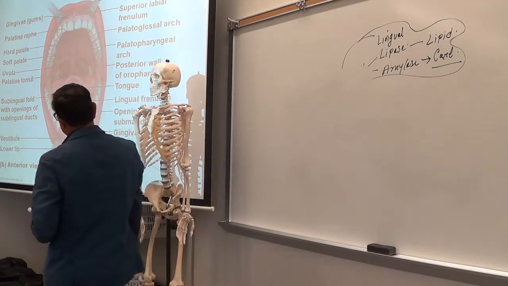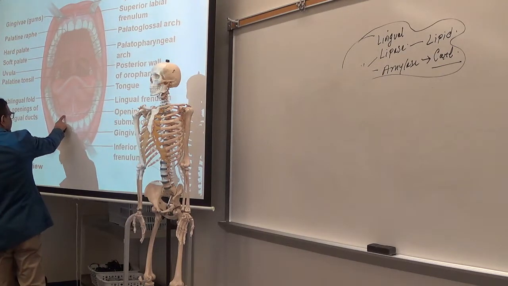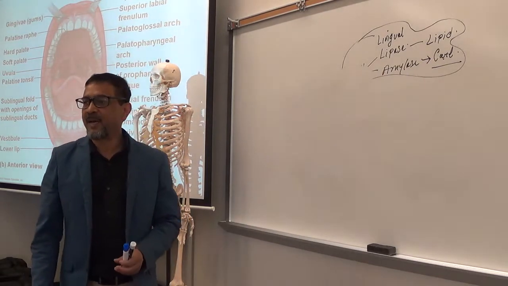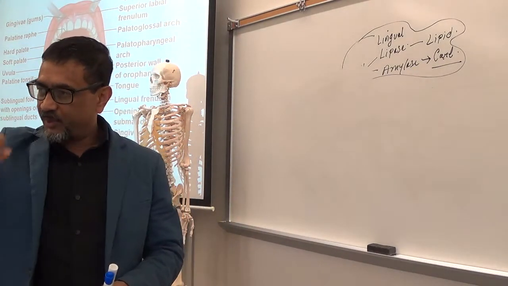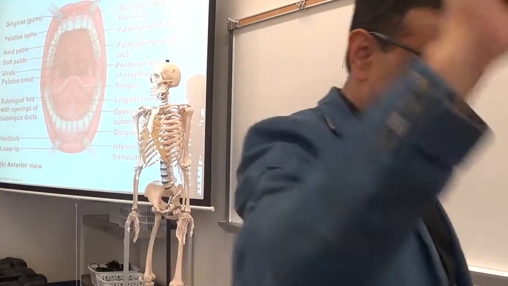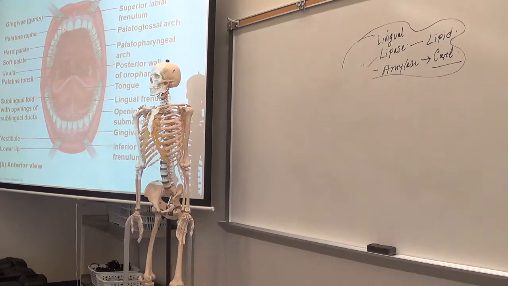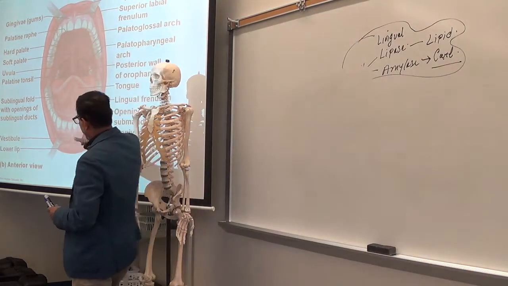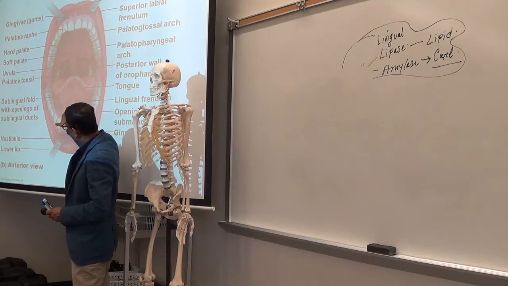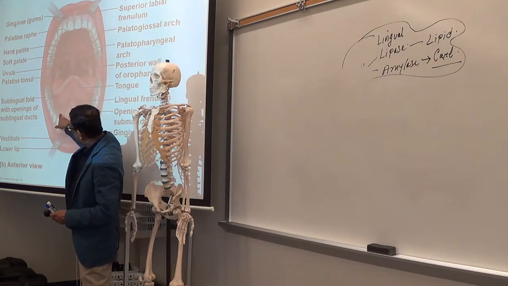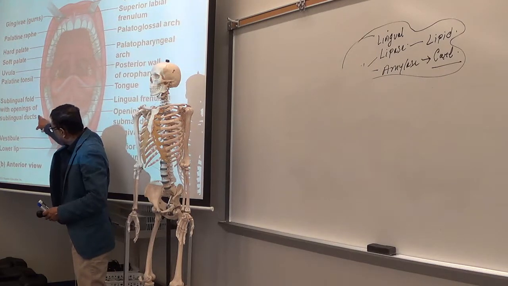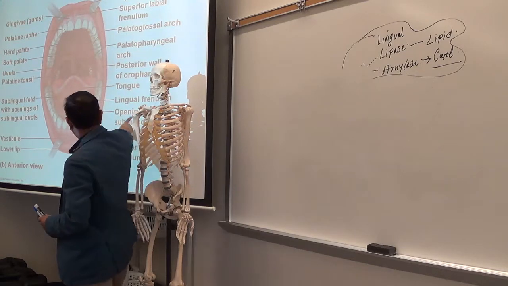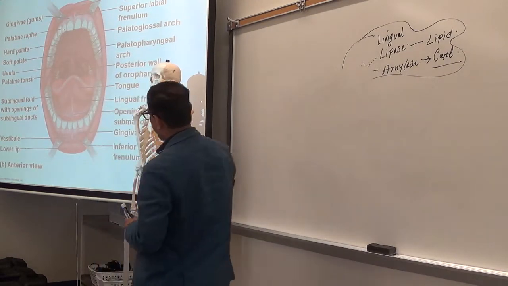Now, under the tongue, you have openings of the salivary ducts. From the salivary glands, ducts are the tubes that bring the saliva into the oral cavity or mouth. So those ducts open here. You see the tiny openings. Some of those are for sublingual salivary glands, and some are from the submandibular salivary glands.